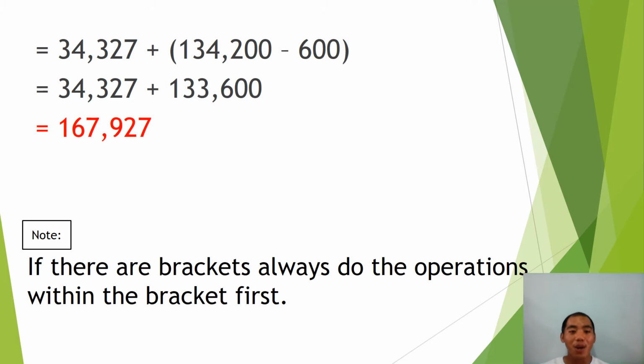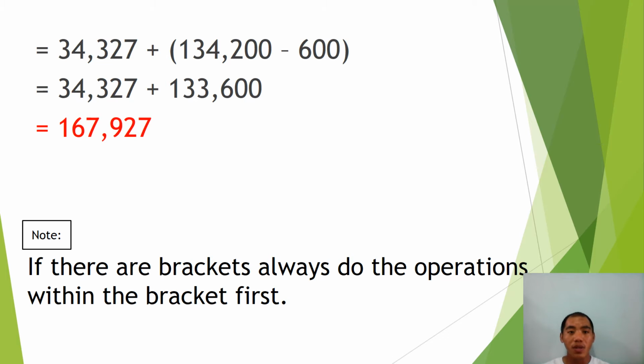Another example. 34,327 plus 134,200 subtract 600. The rule is if there are brackets, always do the operations within the bracket first.